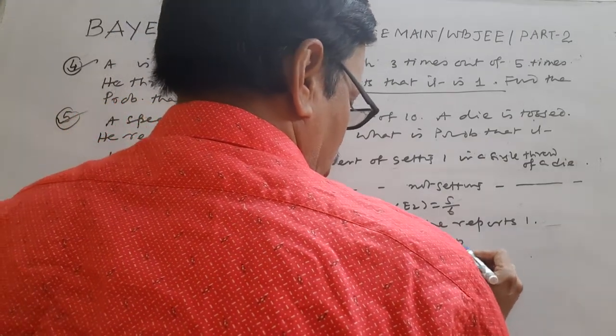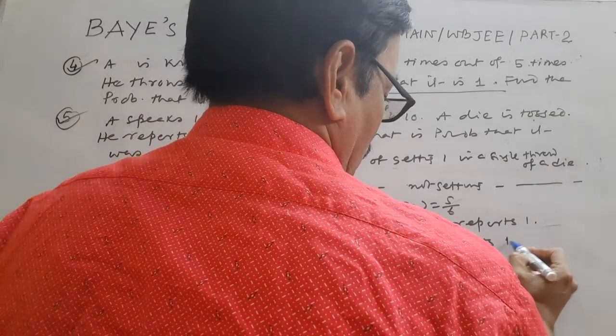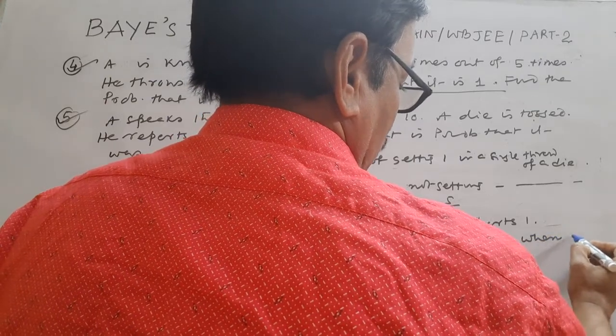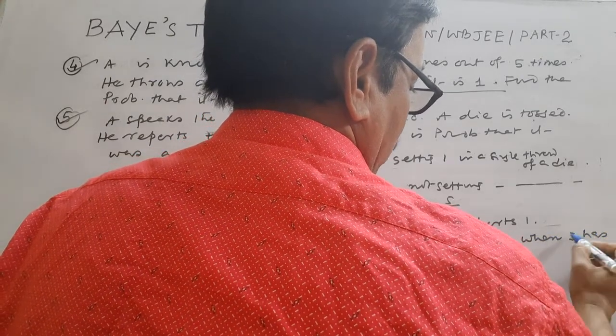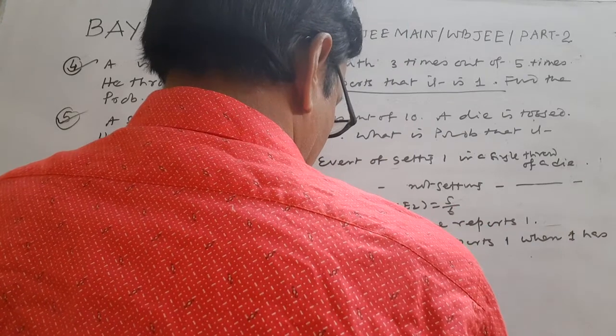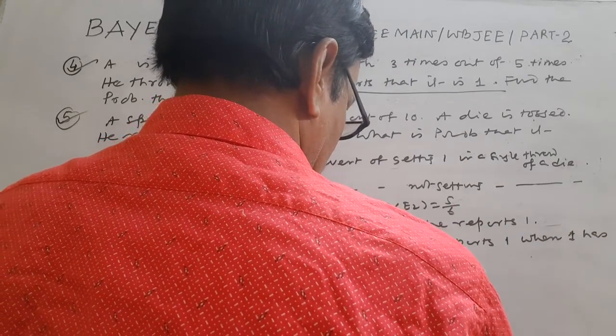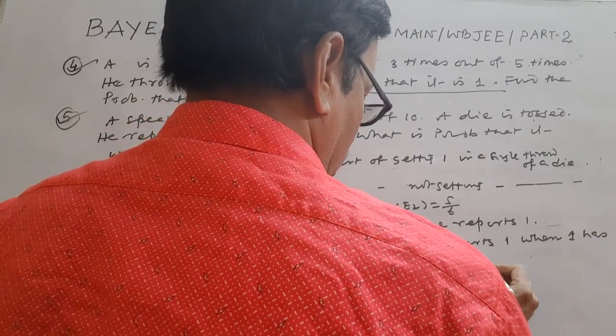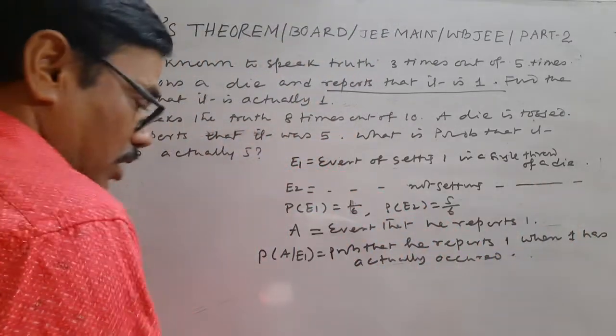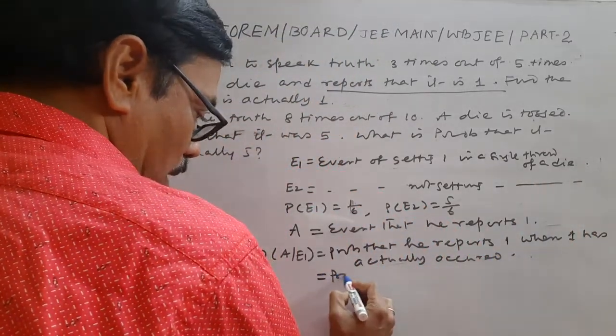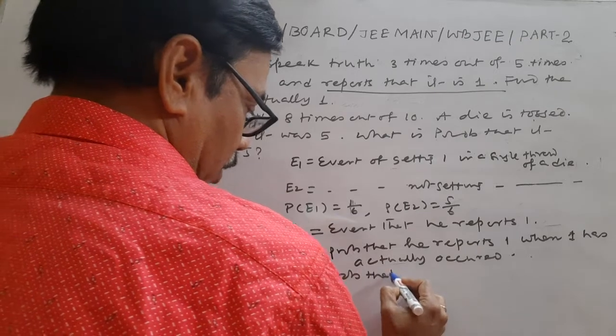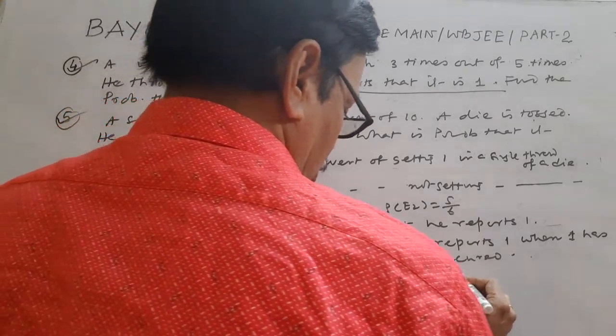So A by E1 is the probability that he reports 1 when 1 has actually occurred, that is, the probability that he speaks the truth.